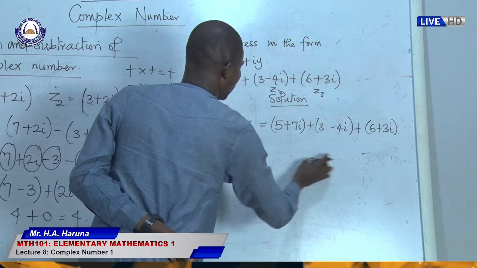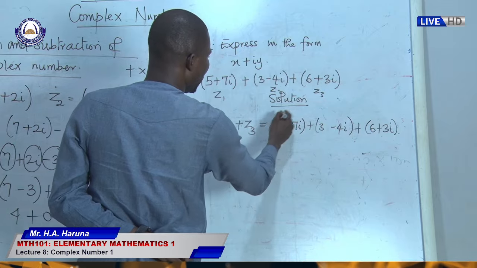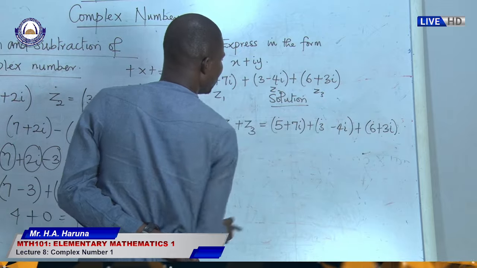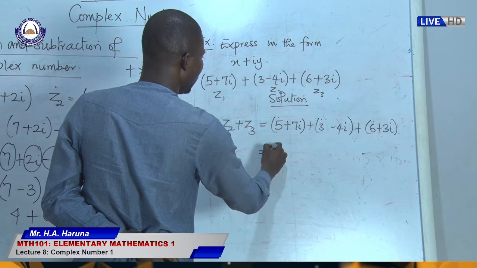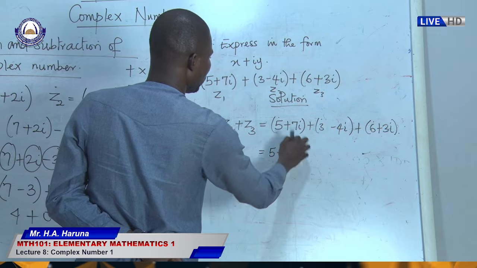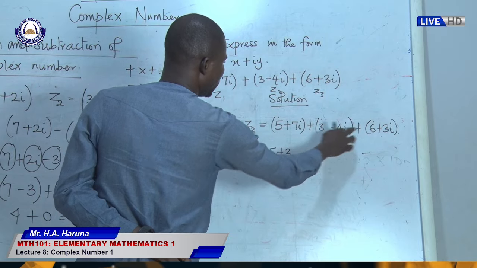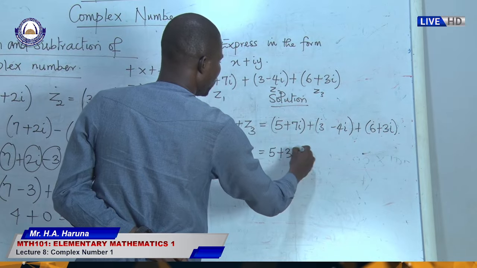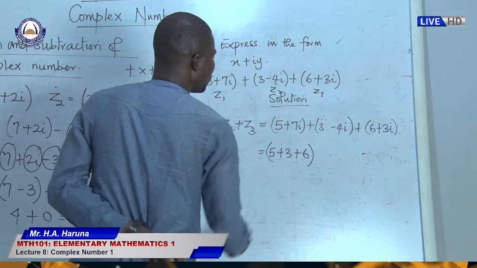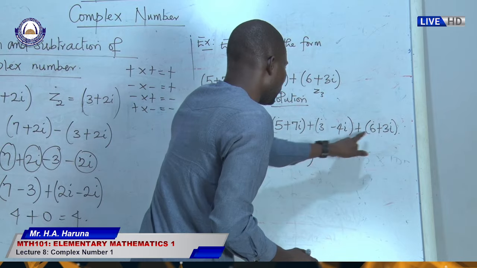So, I told you the real part should attract. Hence, you have 5 plus 3. Be careful, 5, you have plus here, and you also have plus 6. Put them in bracket. Then the imaginary should also attract.